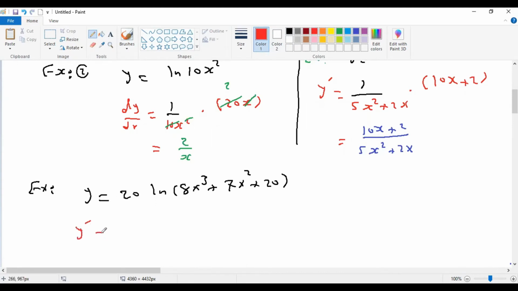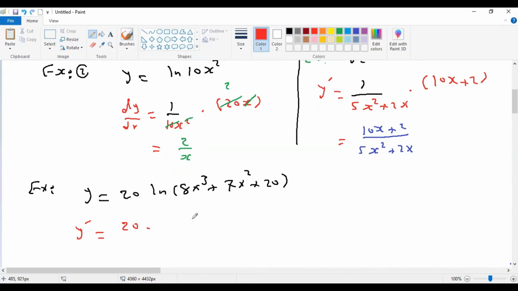So y prime equals 20, which is a constant multiplied by ln, so the 20 stays the same, there's no change. Now what is the derivative of ln u? It will be 1 over u, so 1 over 8x cubed plus 7x squared plus 20. This represents the u.